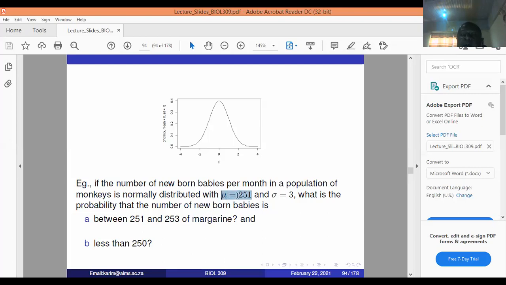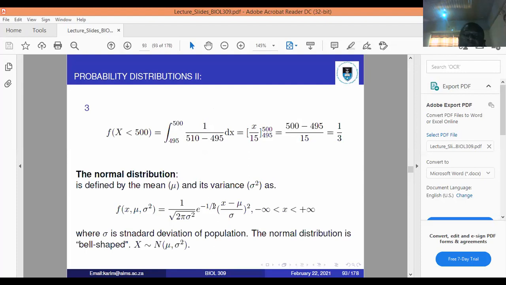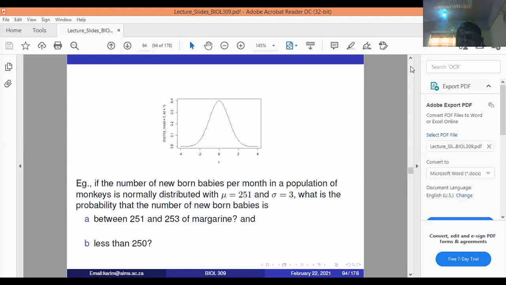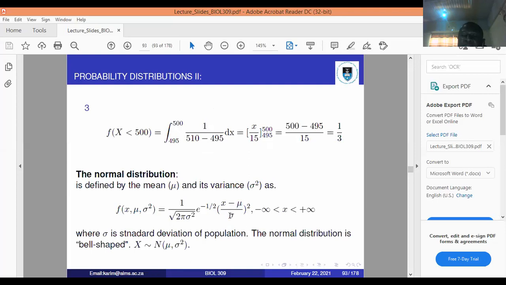So the mean number of newborn babies is 251. And the standard deviation associated with that data is 3. Now we can go back to our normal distribution formula and substitute these values in there. We know our mean to be 251, and we know our standard deviation to be 3.